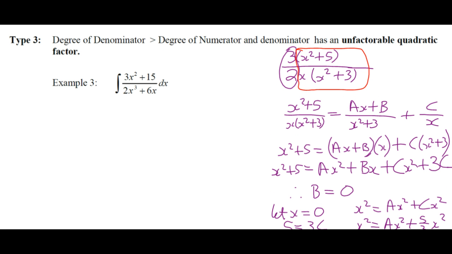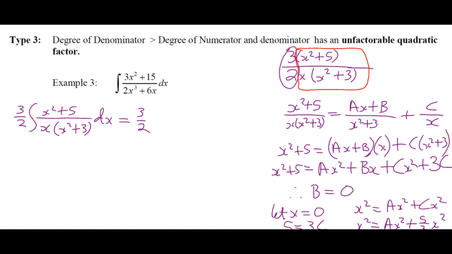So we go back up here and we say the integral, actually let's do this, 3/2 times the integral of (x squared plus 5) over x times (x squared plus 3) dx. So we discovered this 3/2 when we did our initial factorization, and just, why not get rid of that, right? Just move it out.